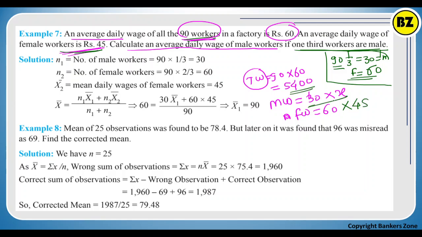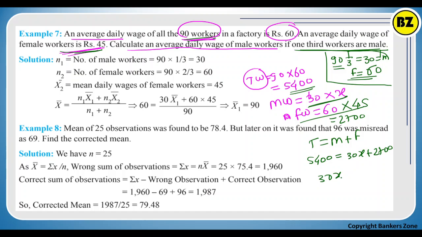This is the total for all workers. This is the total for male: 30 males, x is the average, so 30x. For female, 60 into 45, which when you solve you will get 2700. So the total is nothing but the male wage plus female wages. Total we are spending 5400. For male we are giving 30 into x, plus female 2700. Very simple.